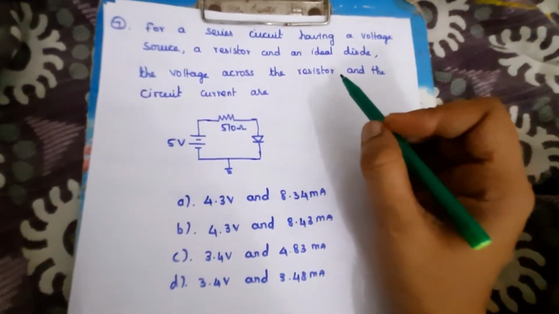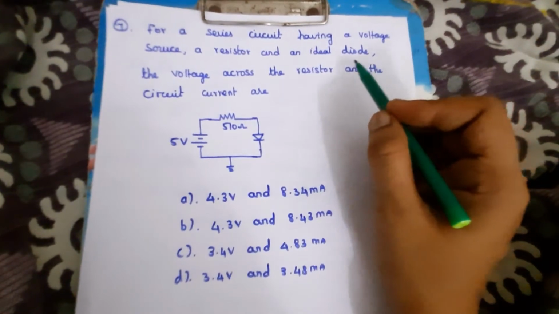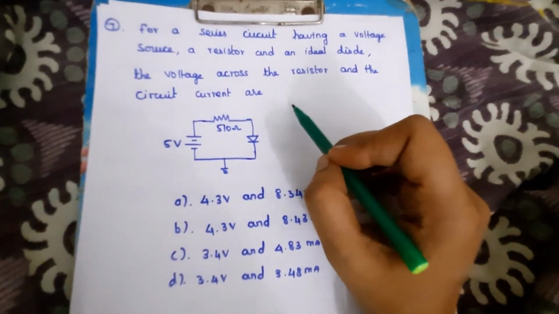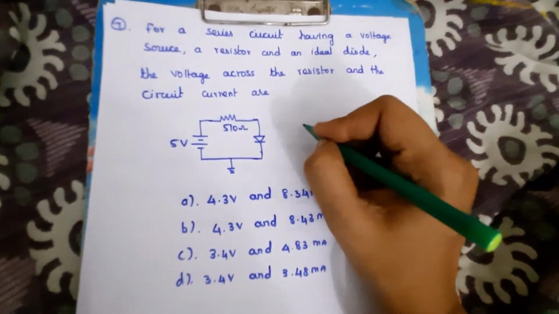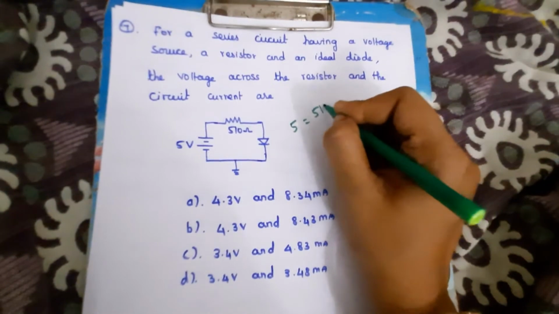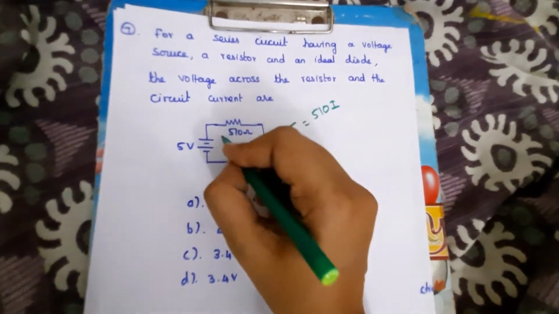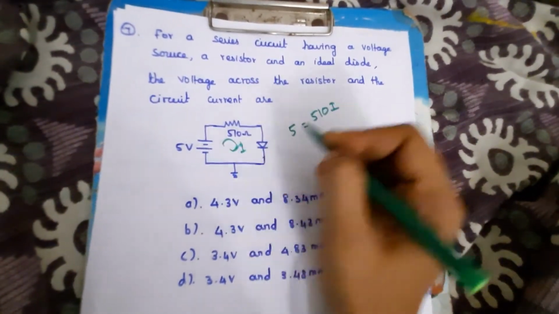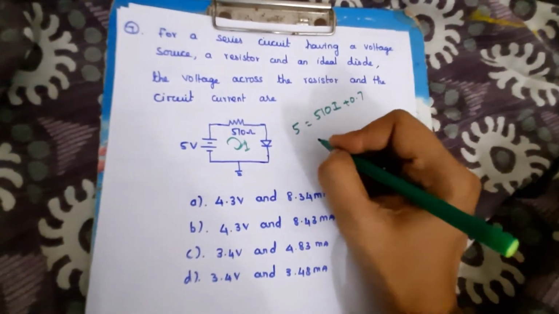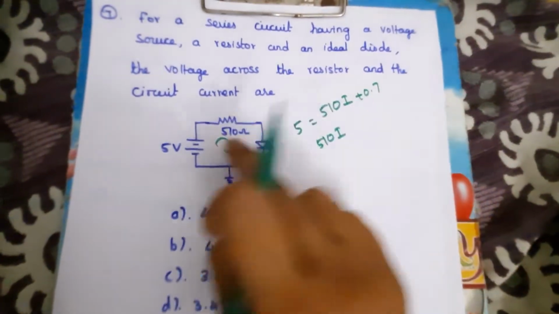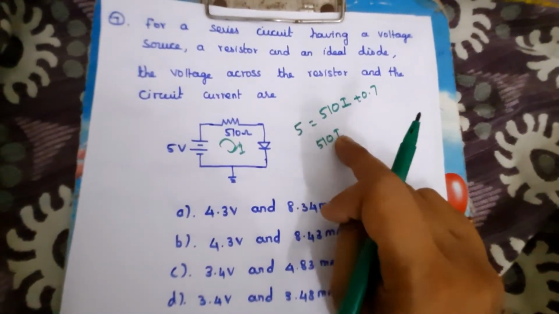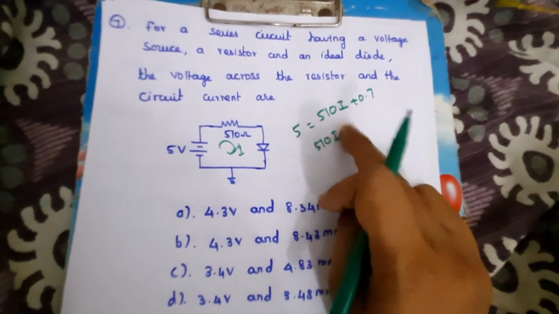And the seventh question, for a series circuit having a voltage source, a resistor and an ideal diode, we have to find the voltage across the resistor and the circuit current. So the loop equation: 5 is equal to 510I plus the diode drop. So current flows like this, and there is a voltage drop across this diode. Now this is the voltage across this resistor, that is the 510 resistor and current, which will give the voltage.